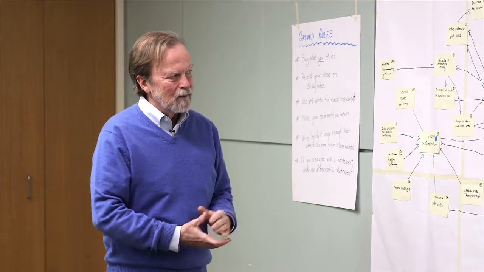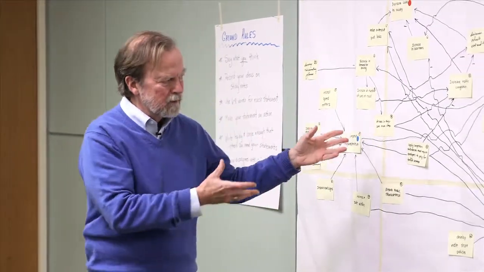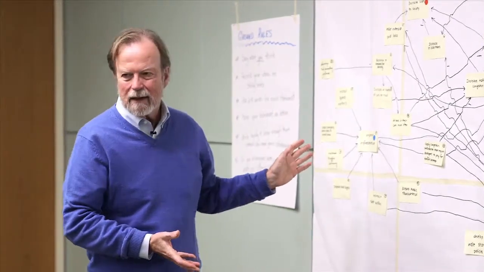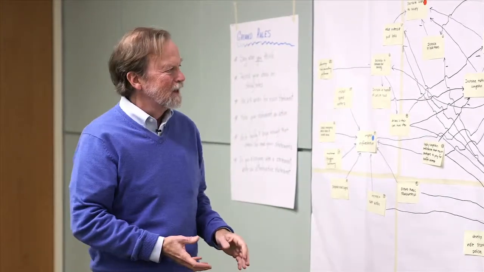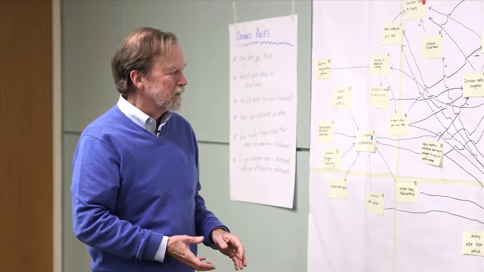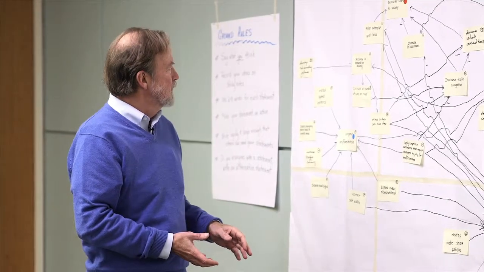So one of the things, if you have a controlling loop, one of the things you have to do is look for actions outside the loop that might intervene to make a difference. So, for example, what's an example here?